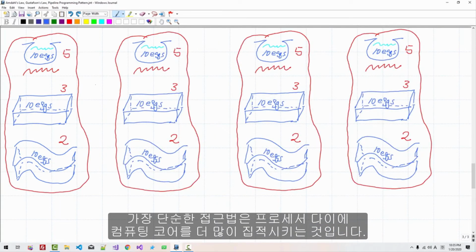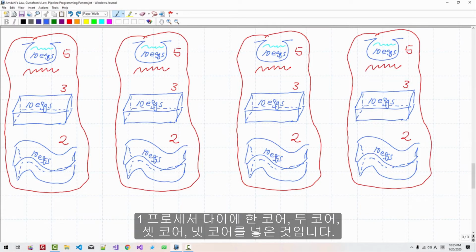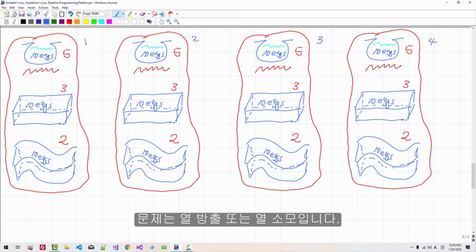The simplest approach to our problem is cramming more CPU cores in our processor die. 1 core, 2 core, 3 core, 4 core in our processor die. The problem is power dissipation.